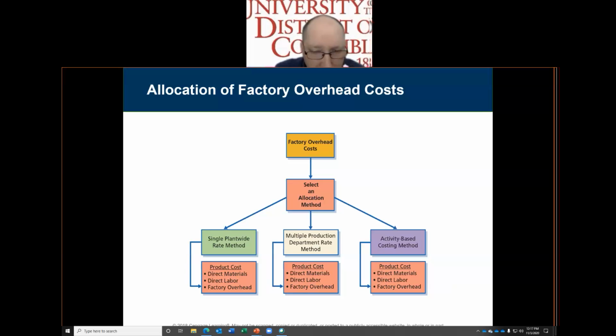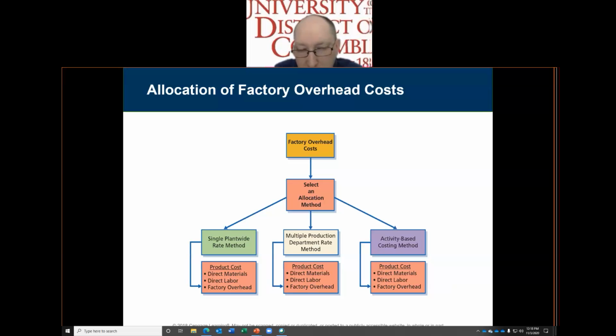I don't think we talked yet about multiple production department rate, and I know we haven't really gone into great detail about activity-based costing. But here's how it works. We select one of these three methods for applying factory overhead. Either single plant-wide rate method, multi-department rate method, or activity-based costing.